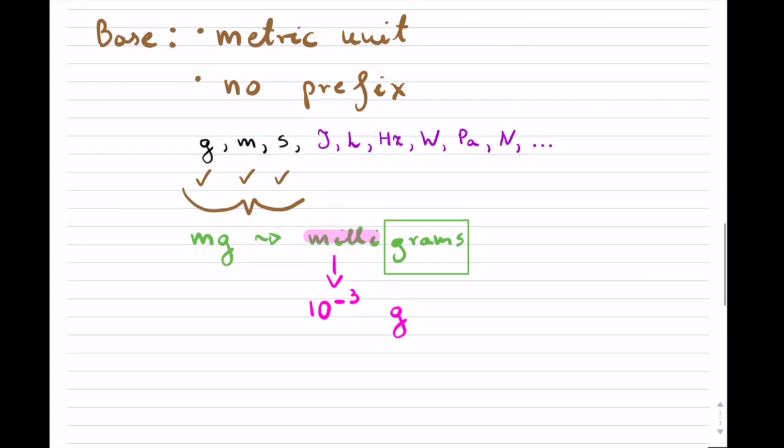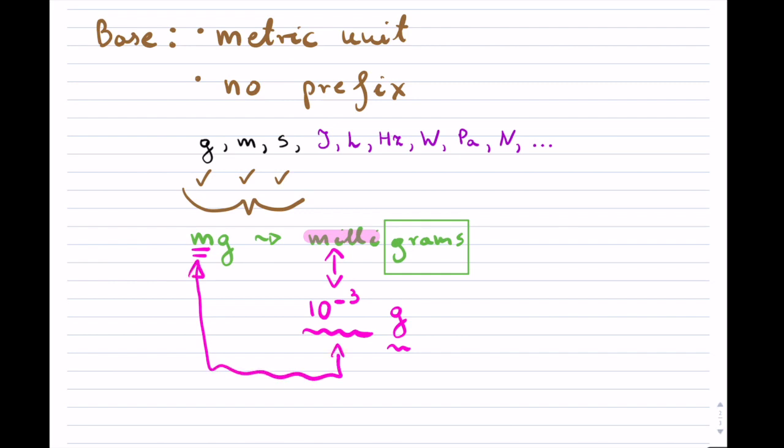So instead of us writing 10 to the negative 3, what scientists have done is they have exchanged 10 to the negative 3 with just writing the symbol m in front of the unit G to represent that. So these two things actually mean exactly the same thing.